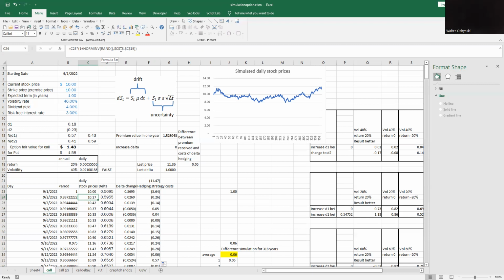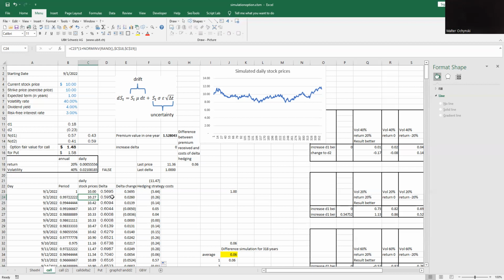And then according to the assumed distribution, we have the return as per cell C18 and volatility as per C19. Since it is a probabilistic function, every time we press enter or press F9, the calculated stock price will change.